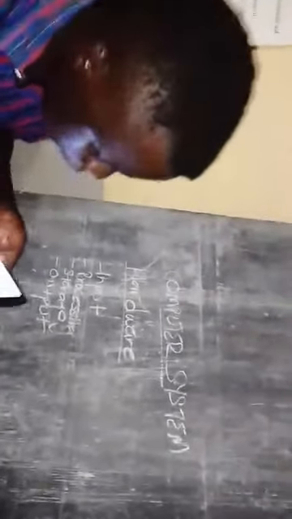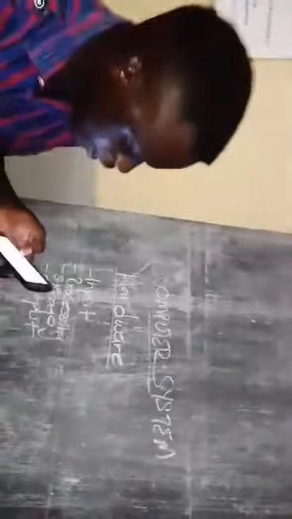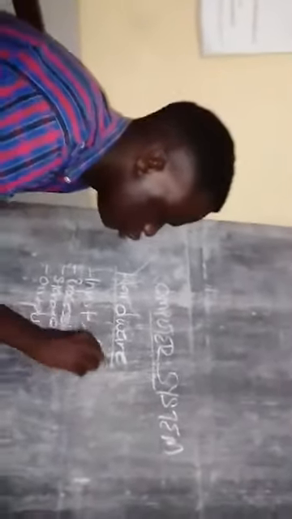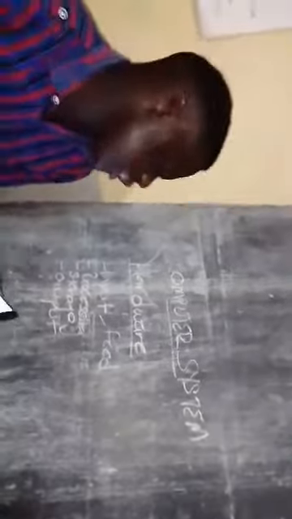So under input devices, these are devices that are used to feed data into a computer. With this, I don't need to write a lot, I just need to explain much.